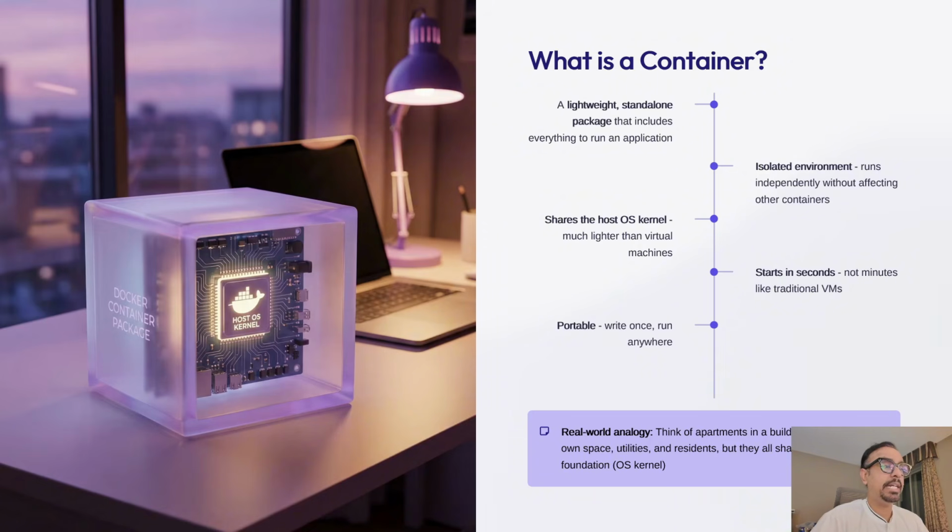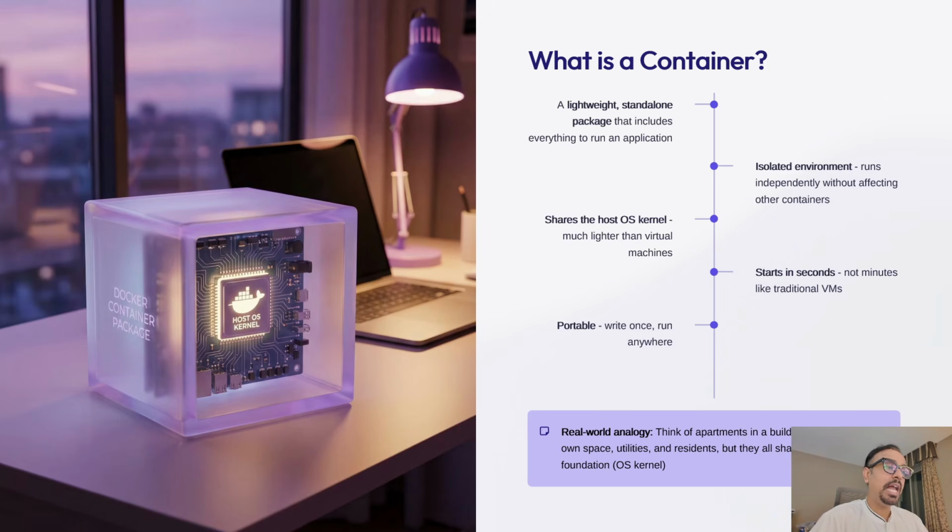So, what exactly is a container? Imagine an apartment building. Each apartment is self-contained with its own kitchen, bathroom, and living space. Residents in apartment 5A don't interfere with those in 5B. But all apartments share the same building's foundation, plumbing infrastructure, and electricity supply. A container works the same way.